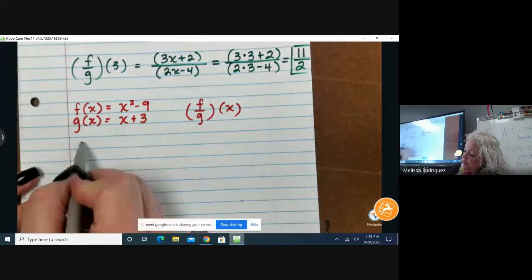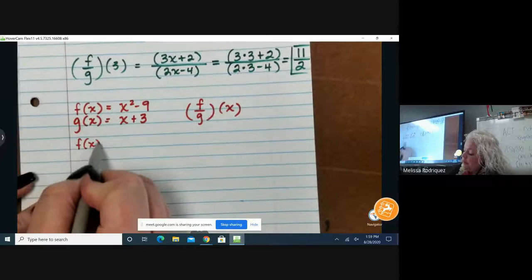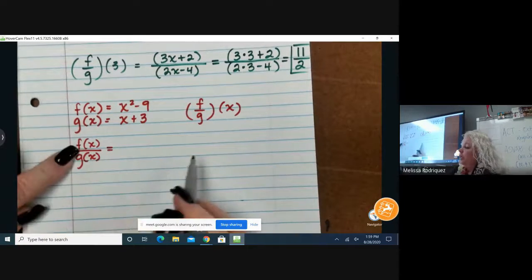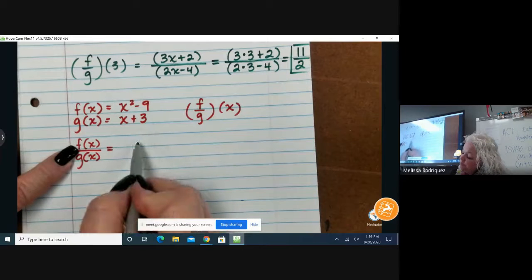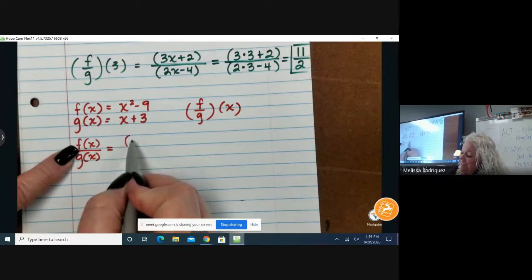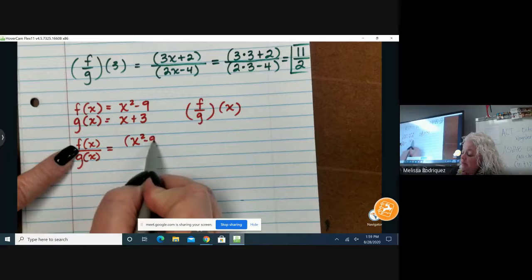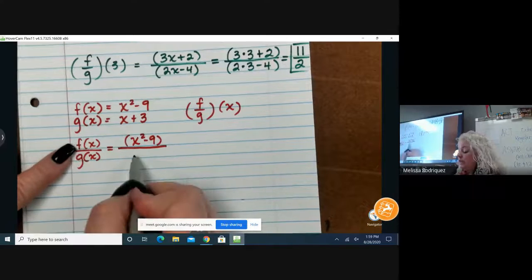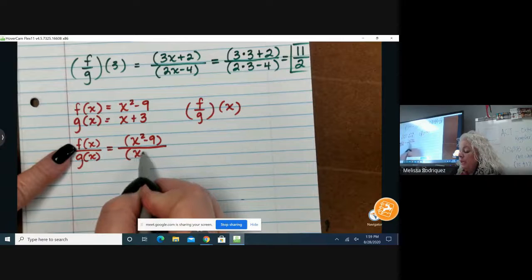So that means I'm going to do f of x divided by g of x, right? Okay, let's fill it in. What is f of x? x squared minus 9. And I want to divide that by g of x, and g of x is x plus 3.